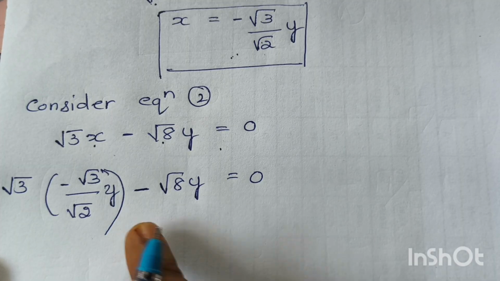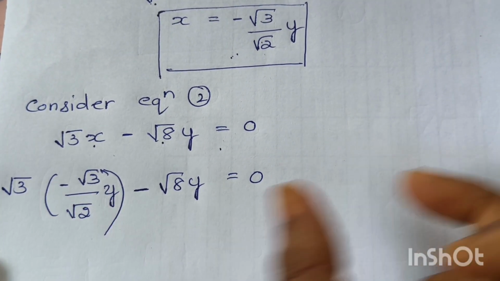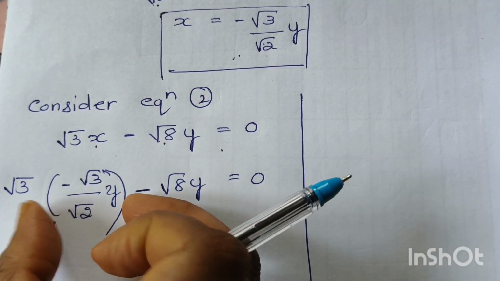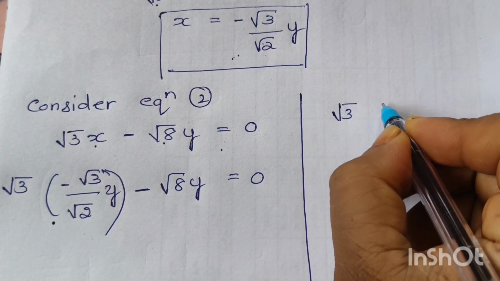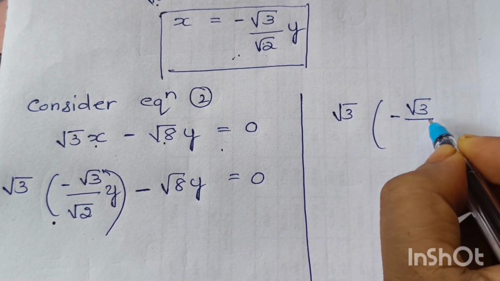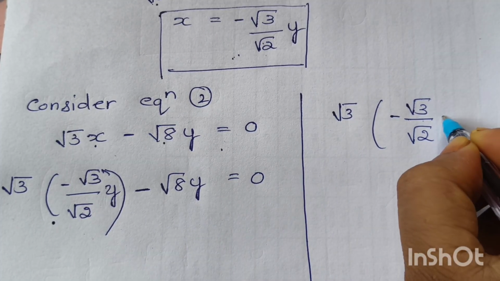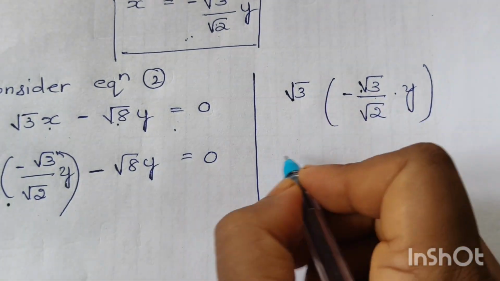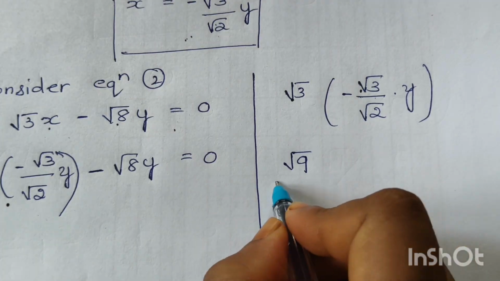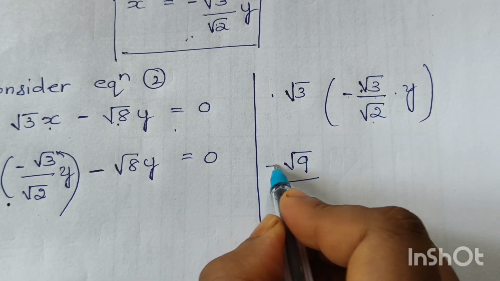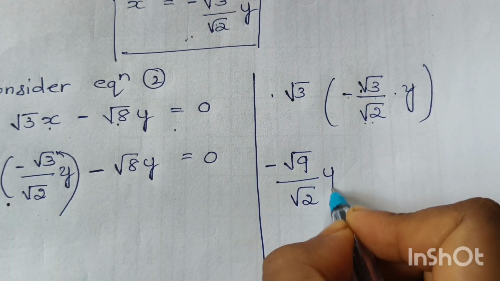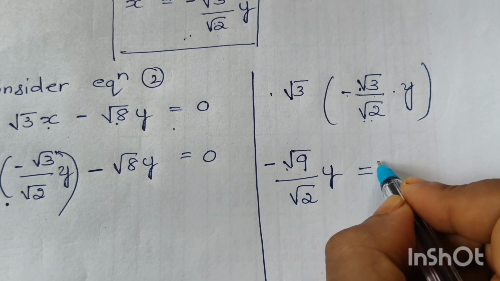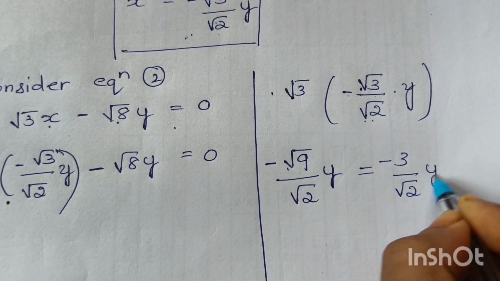Now let us simplify this. First let me simplify this term: √3 times minus √3 by √2 into y. √3 into √3 is √9, divided by √2 into y, and plus into minus is minus. √9 is nothing but 3, so it is minus 3 by √2 into y.